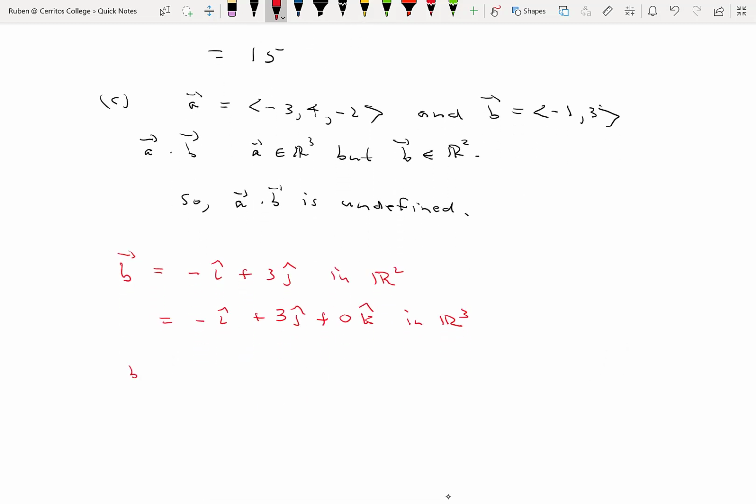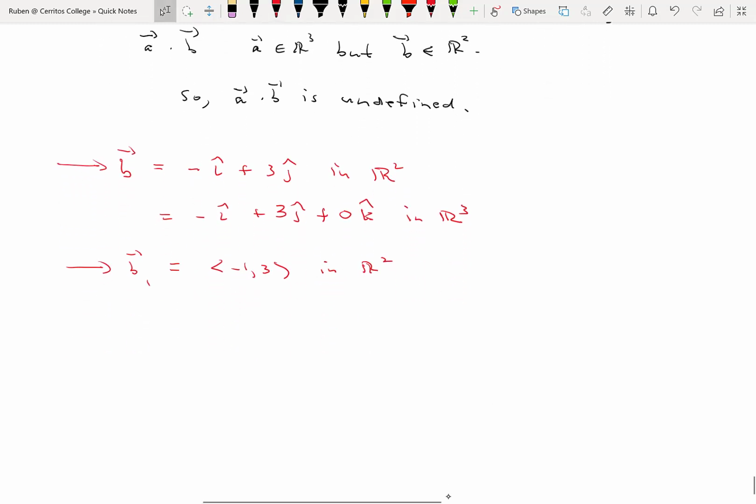However, the vector B1, a different vector, negative 1, 3, is the same thing as the vector above. This is in R2. B and B1 are the same vectors, okay? And you can't interpret the vector that only has two components in bracket form as a vector in R3. I think you should hear that again.